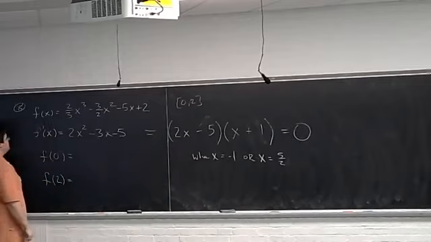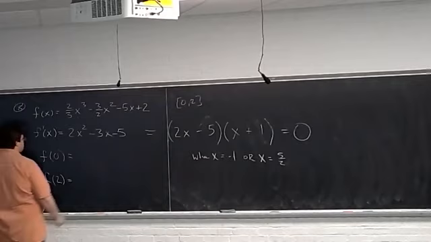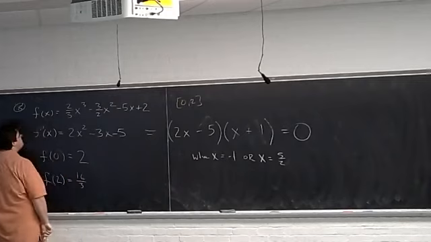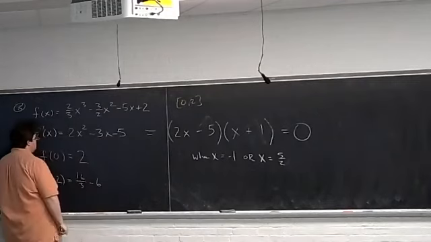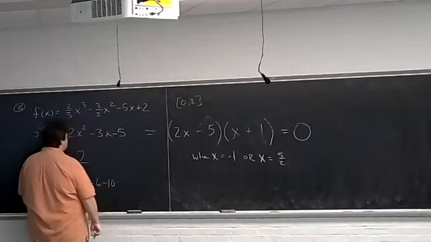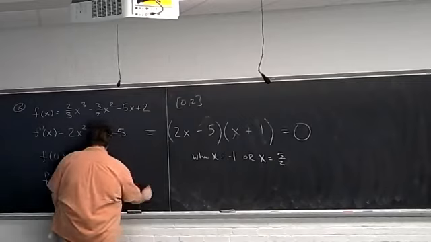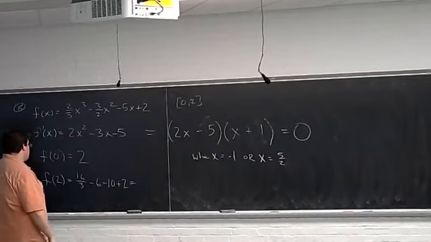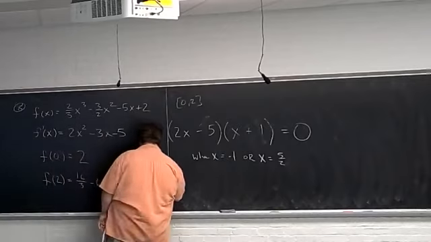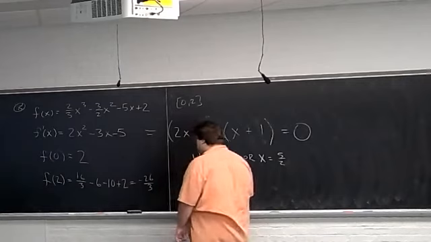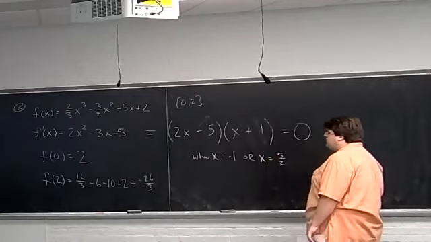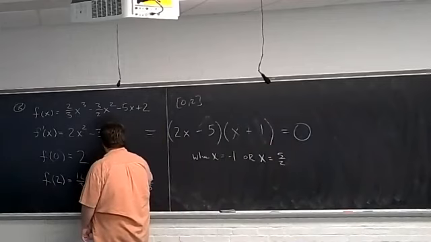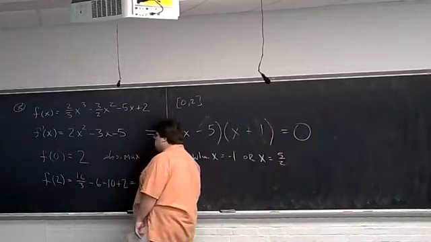All we need are the 2 endpoints. f at 0 is 2. f at 2 is 16/3 minus 6 minus 10 plus 2, which gives us 16/3 minus 14, or -26/3. The largest is the maximum, the smallest is the minimum. So here's the absolute maximum, and here's the absolute minimum.